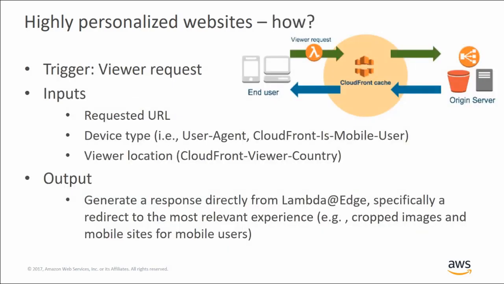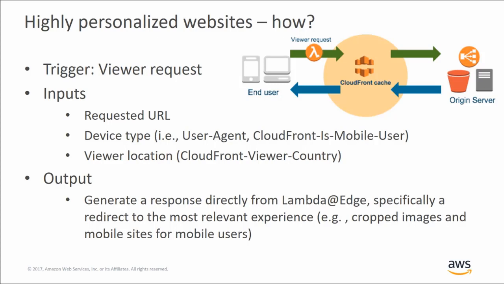How can you do that with Lambda at the edge? You can use a viewer request trigger for that. So your Lambda function at the viewer request can take a look at either the device type, which is available to you through the user agent header or through CloudFront device type headers. Or you could take a look at the location the user is coming in from through the CloudFront viewer country header, which is available for you in the Lambda function.